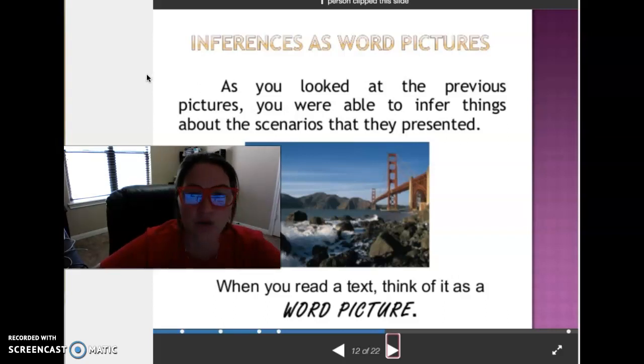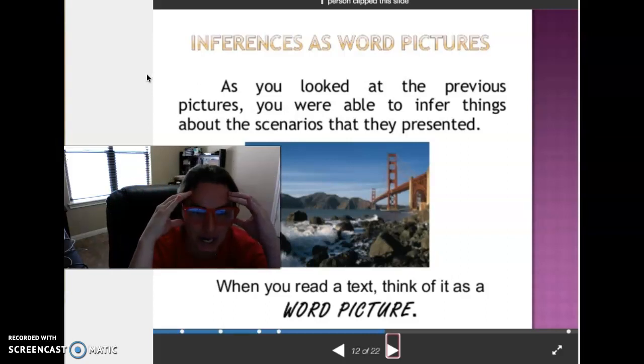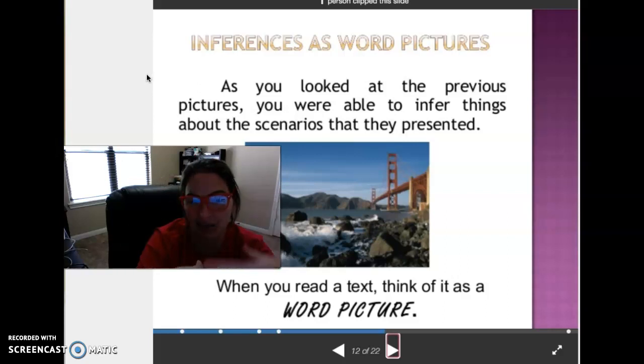So what you can do, if it's helpful because you're a visual learner, is that when you're reading a text, just use the imagery that's given to you and make this picture in your head so that when you're trying to infer meaning, you have an image in your head because of the text that was written. That's going to help you process what's going on and what the real meaning might be.